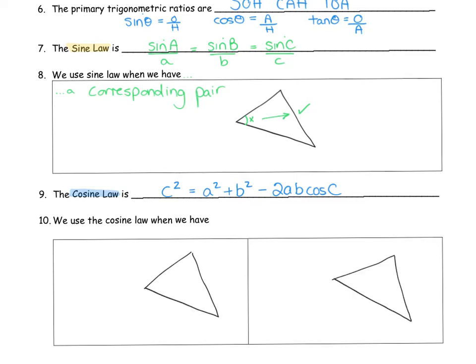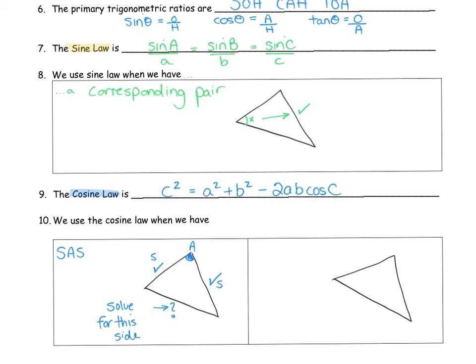Now we use this cosine law in two scenarios. The first scenario is what we call side angle side. So when we are given a side, this angle in between here, and the other side, so it's the contained angle in between two sides, we would be solving for this side down here, the opposite one, the corresponding side to that angle.